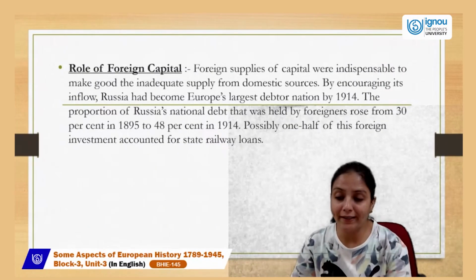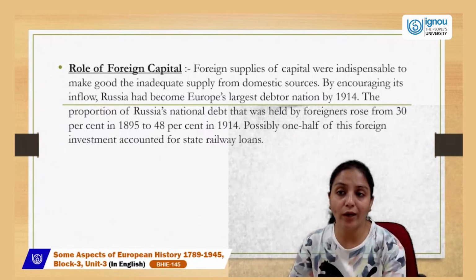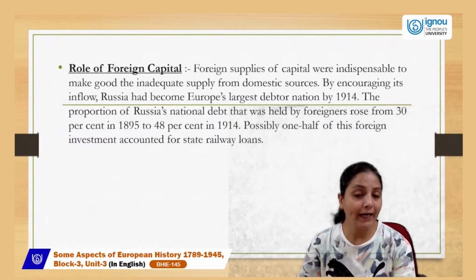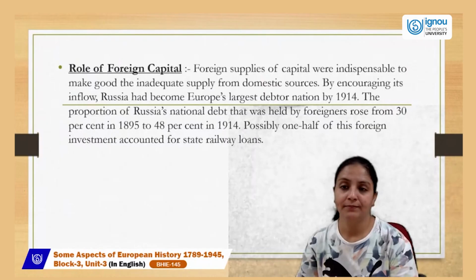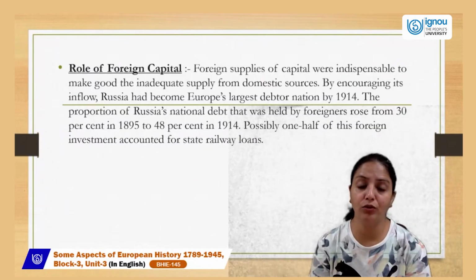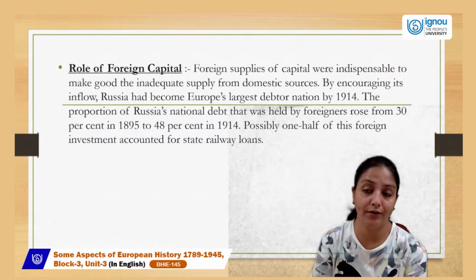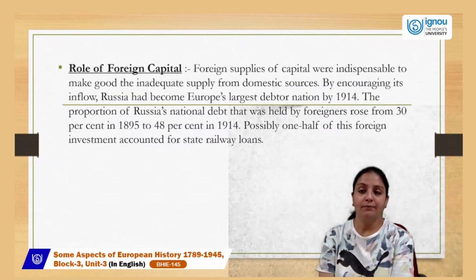The role of foreign capital. Foreign supplies of capital were indispensable to make good an inadequate supply from domestic sources. By encouraging its inflow, Russia had become Europe's largest debtor nation by 1914. Largest debtor nation. Who? Russia.